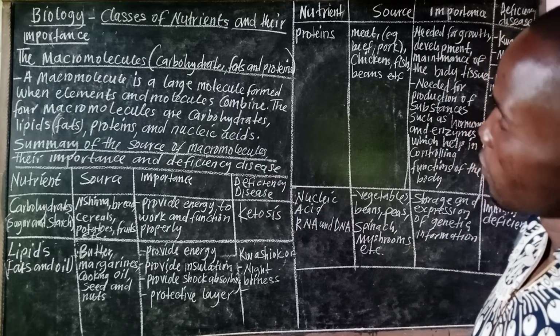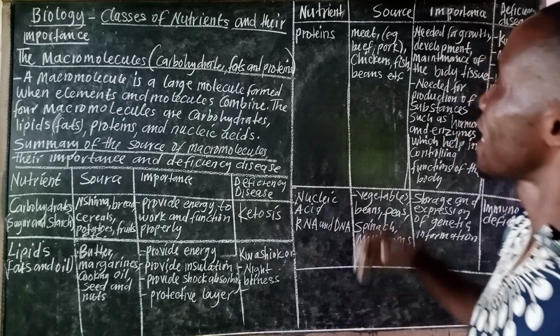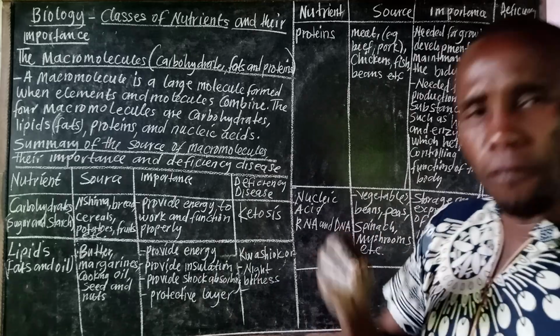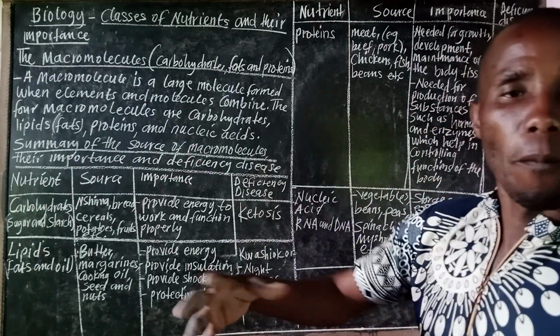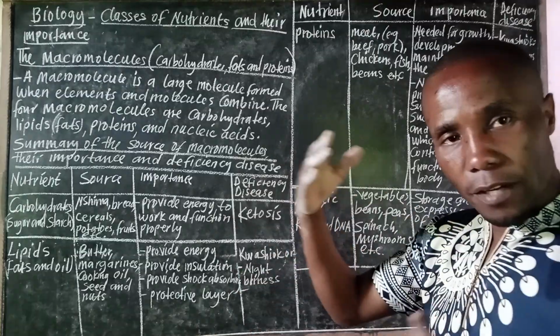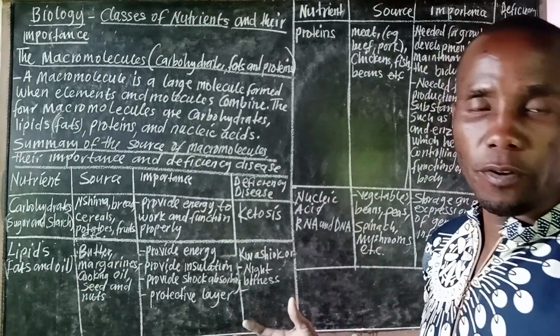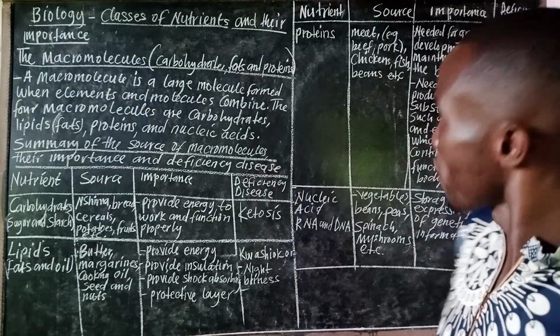Okay, so a micromolecule is a large molecule formed when elements and molecules combine. So it becomes very large. When elements and the molecules combine, they form micromolecules.